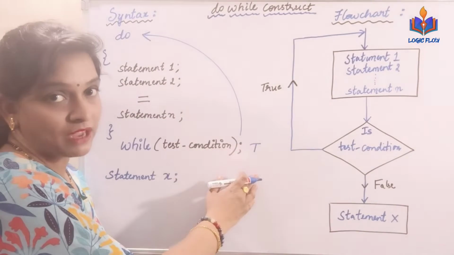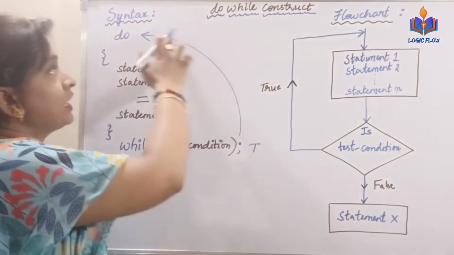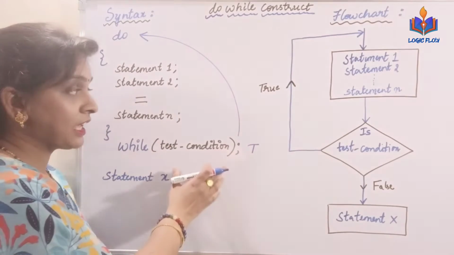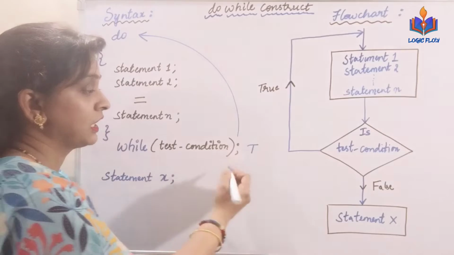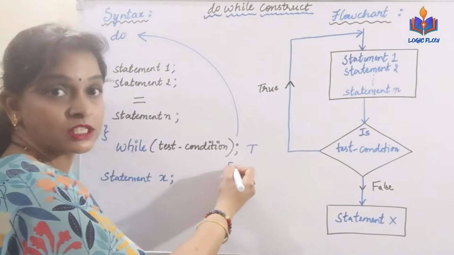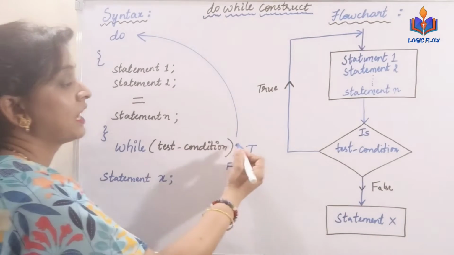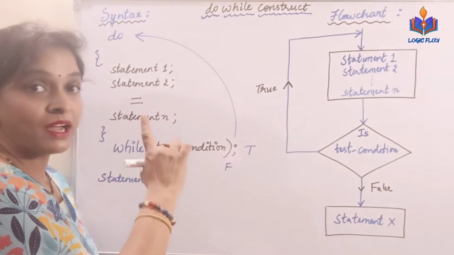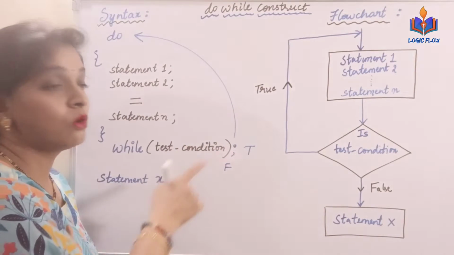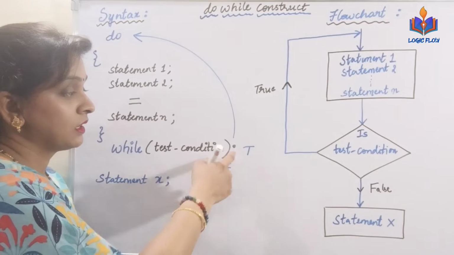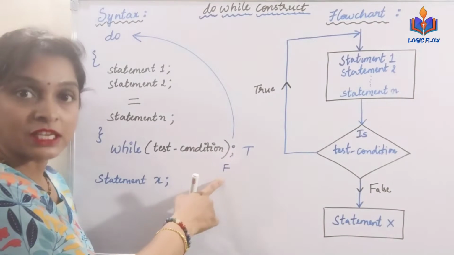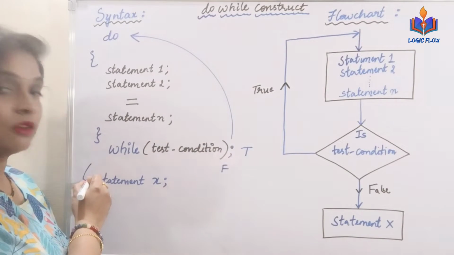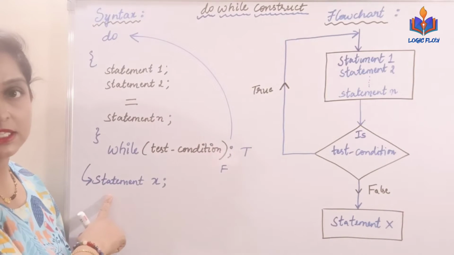If the condition evaluates as true, then again do the statements. Again check the condition. But if the condition evaluates as false, then the loop terminates. Hence we have a semicolon here. In while we don't have a semicolon, but in do while we have a semicolon. When the condition evaluates as false, the loop gets terminated and the control goes to statement X.